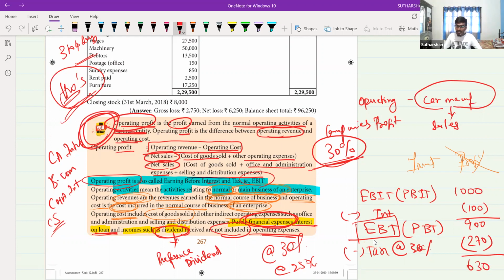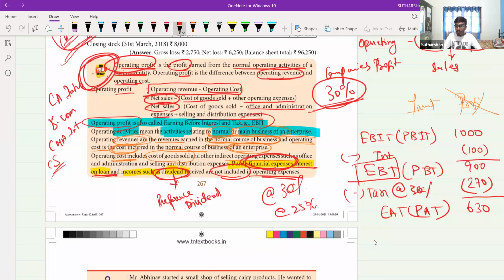Okay, so this 630 is my PAT or EAT. EAT means earnings after tax, PAT means profit after tax. That is 630. From this 630 only, I will distribute dividend.